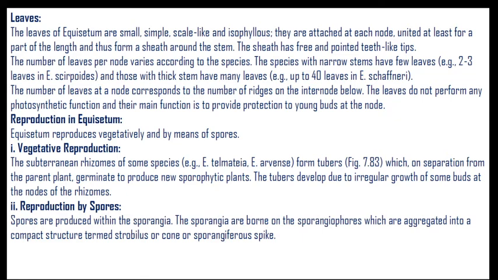Then in case of reproduction by spores, spores are developed within the sporangia. The sporangia are borne on the sporangiophores, which are aggregated into a compact structure termed a strobilus, found on fertile branches and called a strobilus, cone or sporangiophore spike.